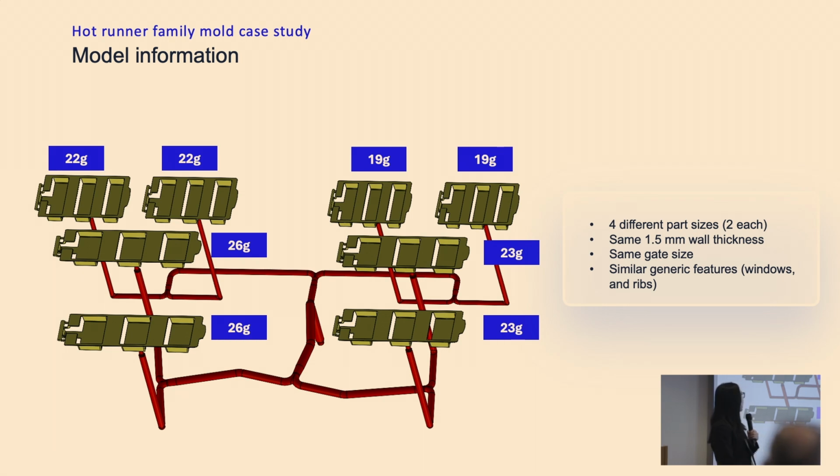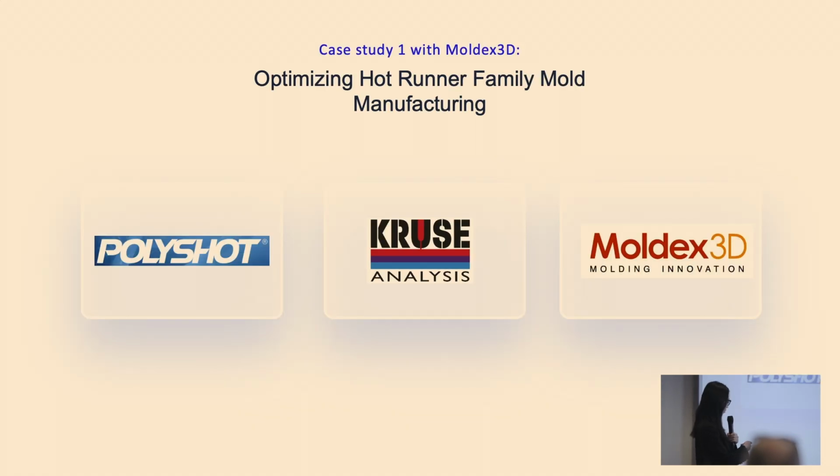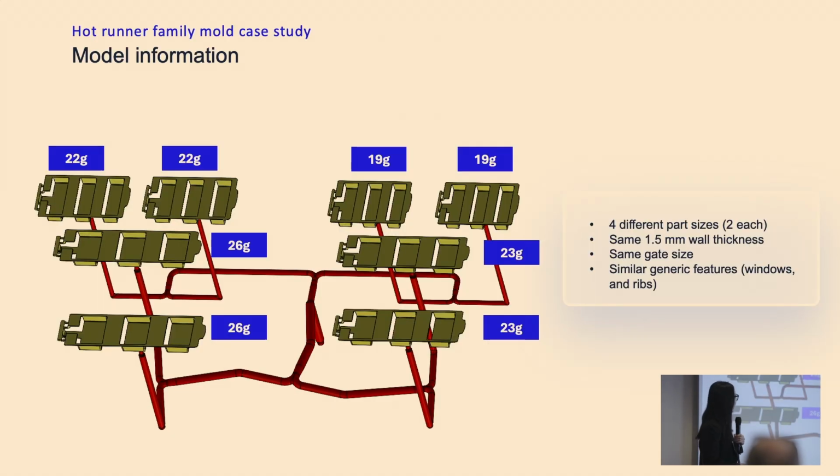This first case is not only a multi-cavity mold, it's also a family mold with 4 different part sizes, 2 each. You can see the smallest part here is 19 grams, then 22 grams, 23 grams, and 26 grams. They are all of the same wall thickness, 1.5 millimeters, the same gate size, and very similar geometric features.